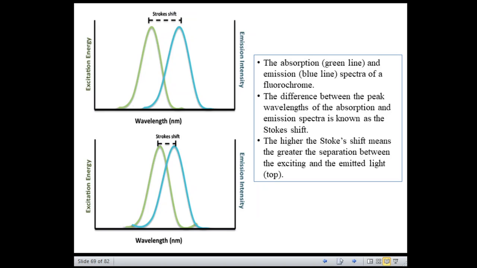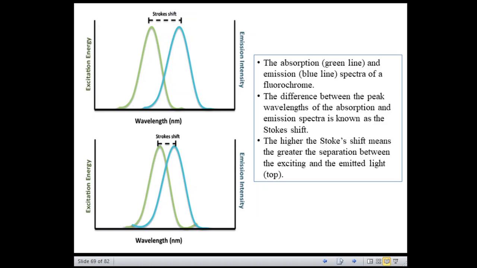Now the total photons of light being absorbed by the fluorochrome is related to the wavelength of excitation. Say for example, we have FITC. This absorbs light within the range of 400 to 550 nanometers.